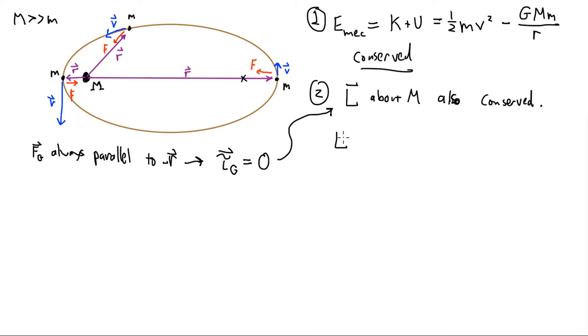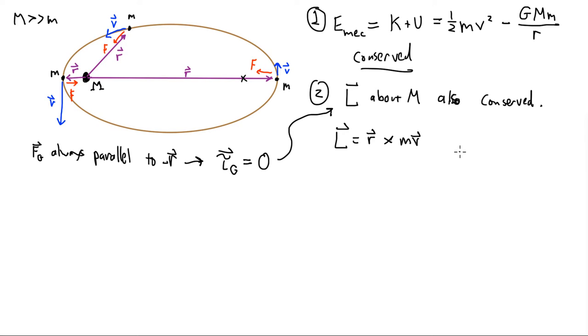So we go back to our angular momentum of a particle about some point, and we say the angular momentum of the little mass m about this big mass is going to be equal to this r vector, whatever it happens to be at the time, whether it's this r vector here or this one, crossed with the mass of the little guy times his current velocity, or this little term here is his linear momentum.